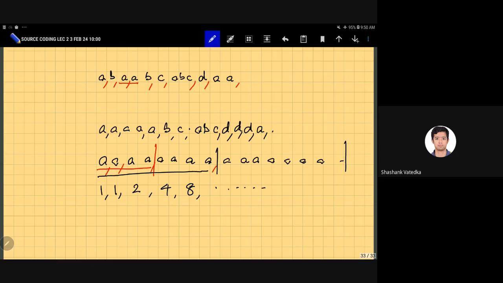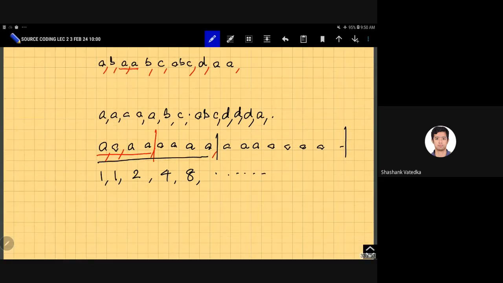So in general, if you look at the ith phrase, what would be the length of the ith phrase, if it's a sequence of just all A's?